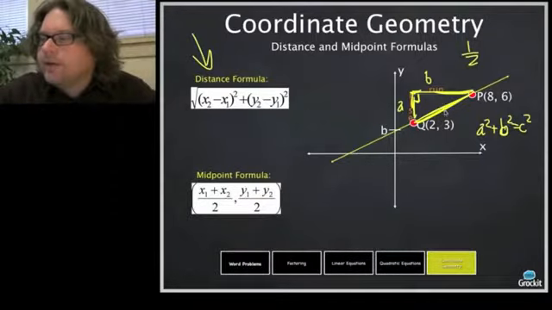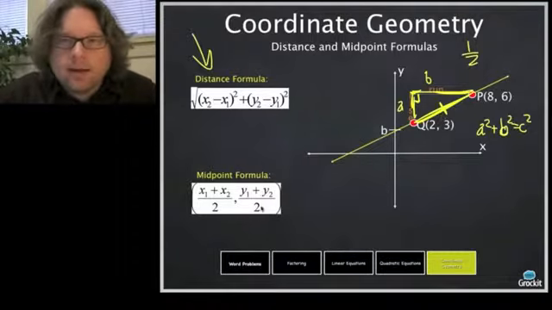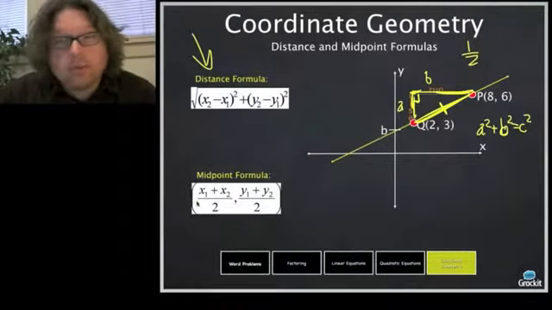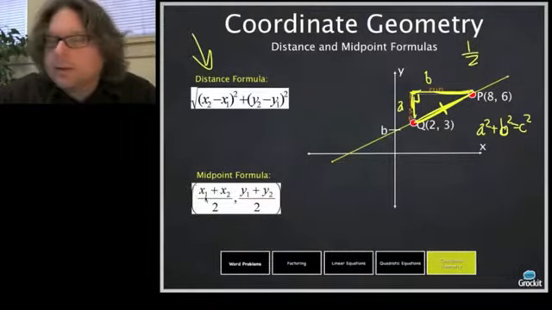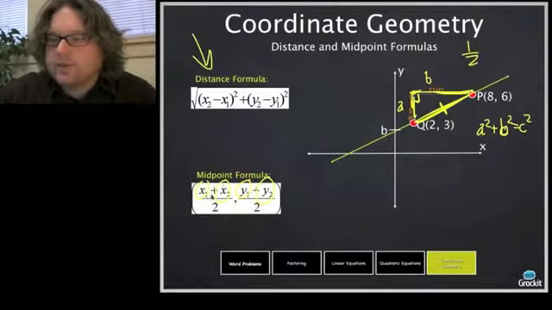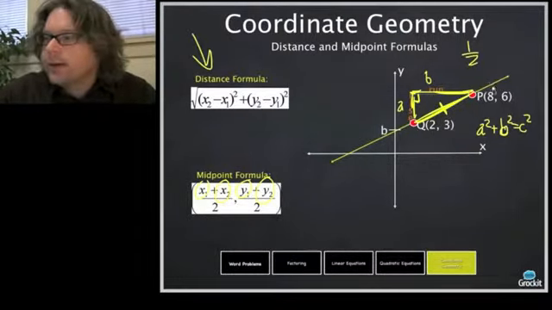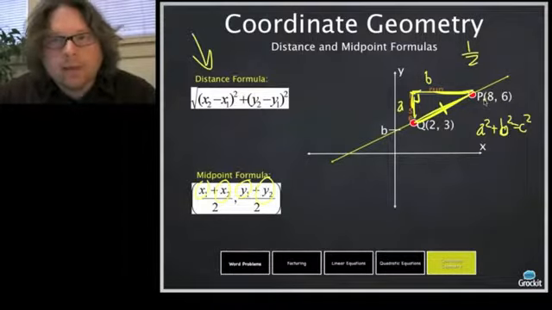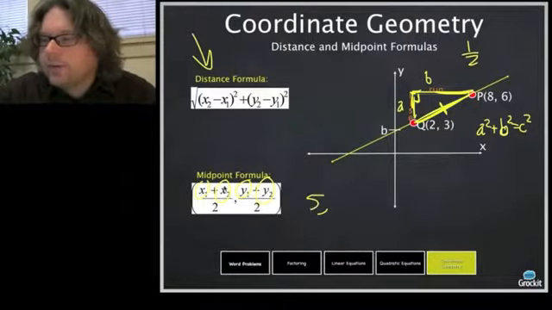And then the midpoint formula is if you needed, for whatever reason, to figure out what is halfway between 2 points on the same line. You do need both points in order to figure it out, but you just need the 2 x values and the 2 y values, and your midpoint is the average of the two. So that's the average of the 2 x values, so 2 and 8. 8 plus 2 is 10. The average of the 2 is 5.